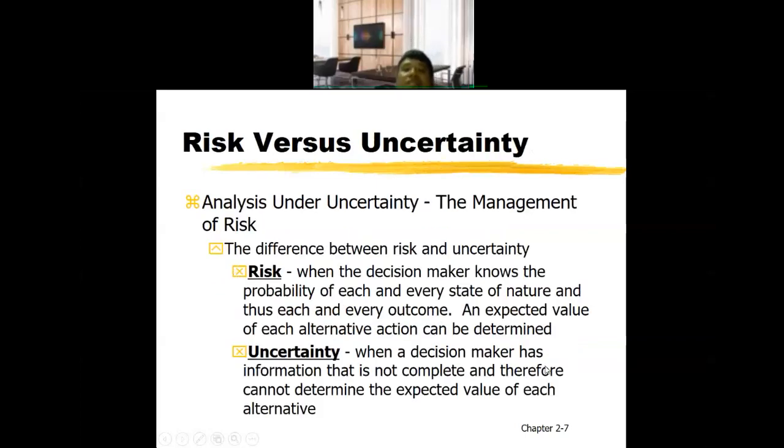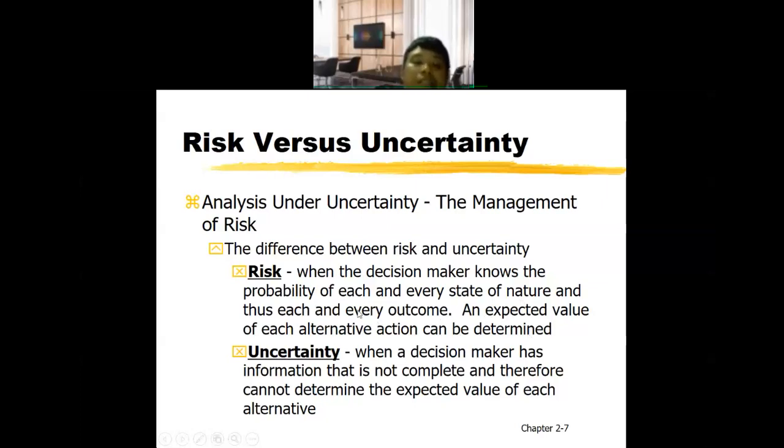So, risk versus uncertainty. What is a risk? What is uncertainty? We analyze under uncertainty, and then there is the management of risk. So the difference between risk and uncertainty: risk occurs when the decision maker knows the probability of each and every state of nature and thus each and every outcome, and the expected value of each alternative action can be determined.